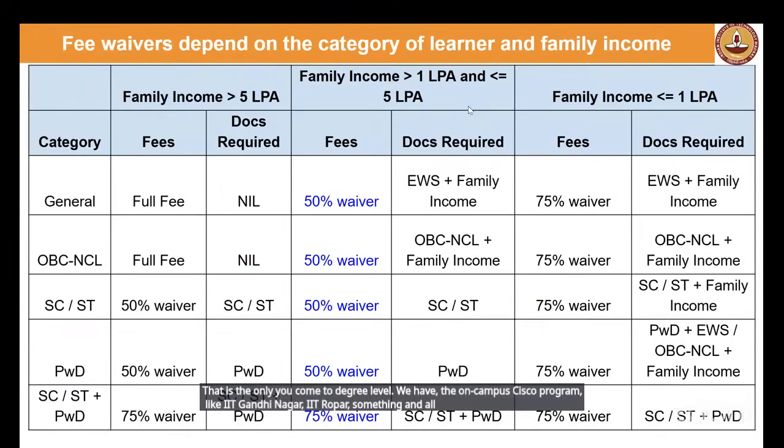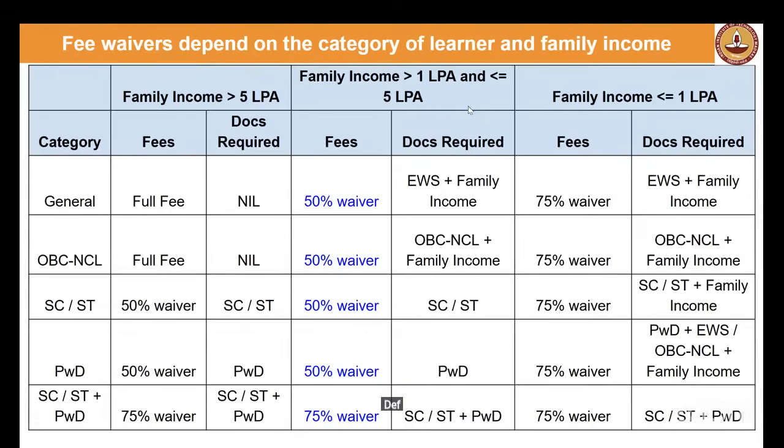Based upon your CGPA and other requirements from the IITs, we select the students. Definitely, you will have a chance to explore the on-campus when you come to degree level. My third question was, do the quizzes have negative marking for incorrect answers? No negative marking. Okay, ma'am. Thank you, ma'am. Thanks, Pratik.